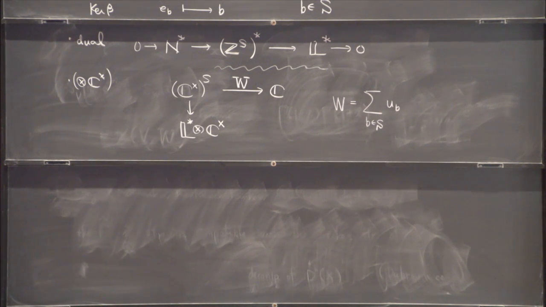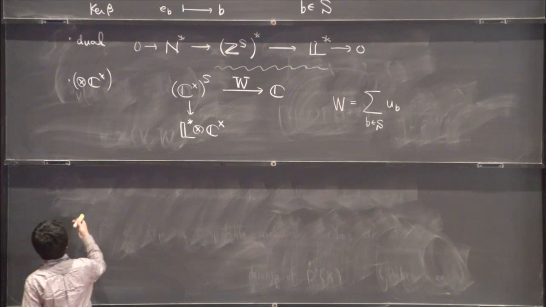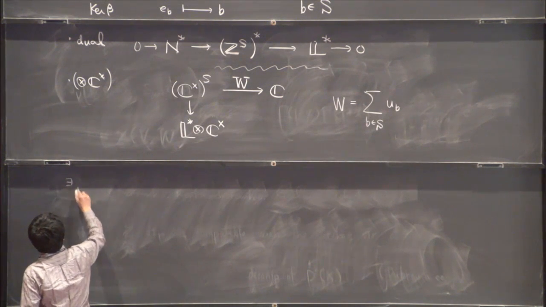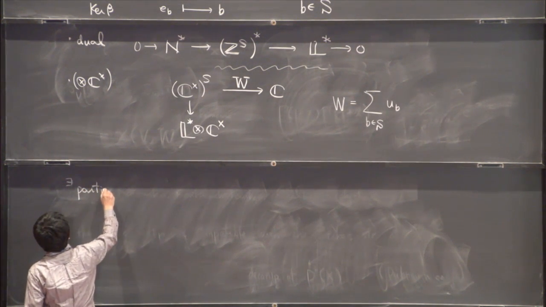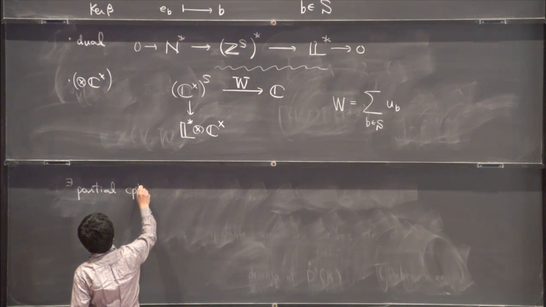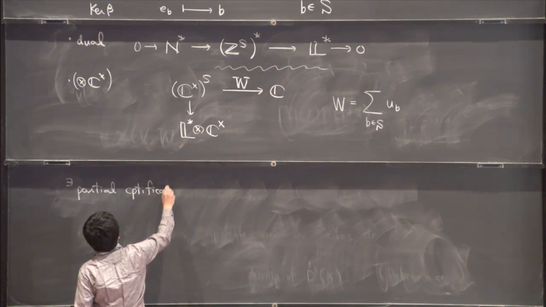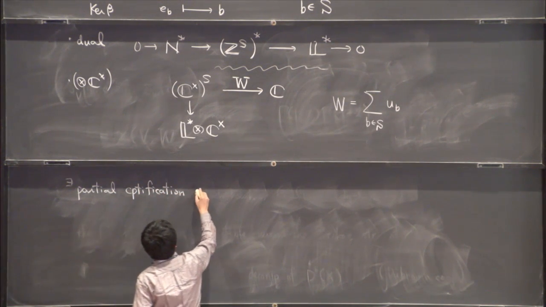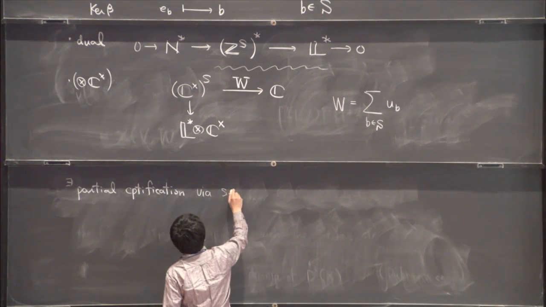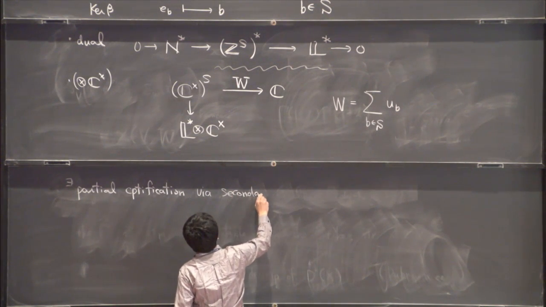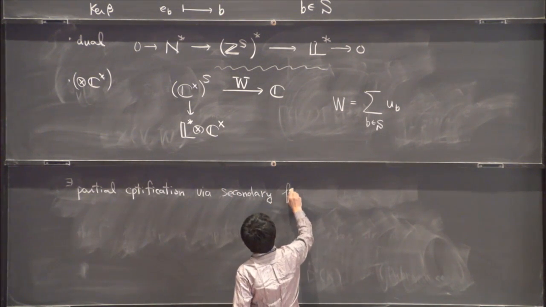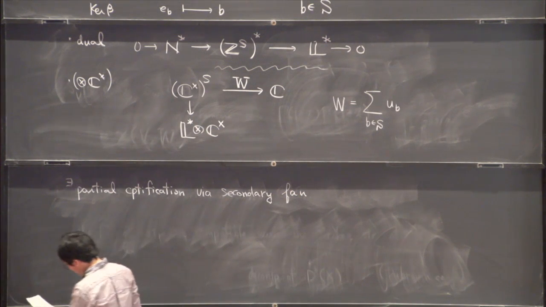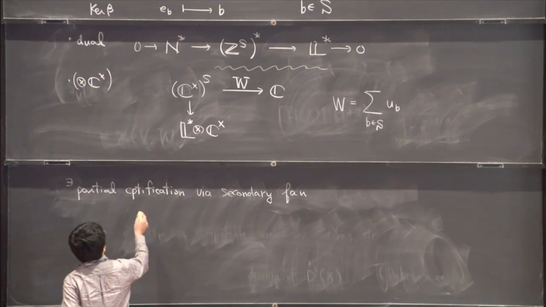Again, we want to have a partial compactification. There is a partial compactification by the so-called secondary fan, and this is the following diagram.